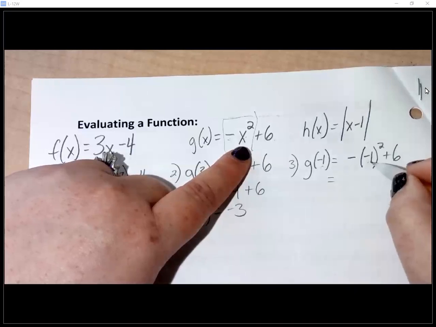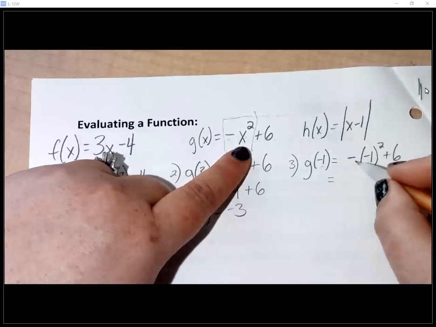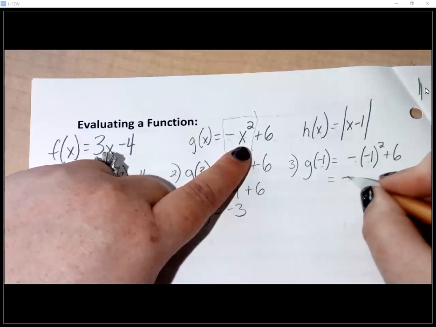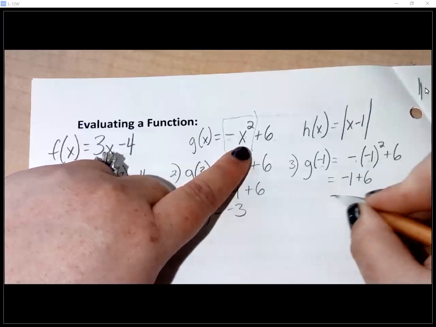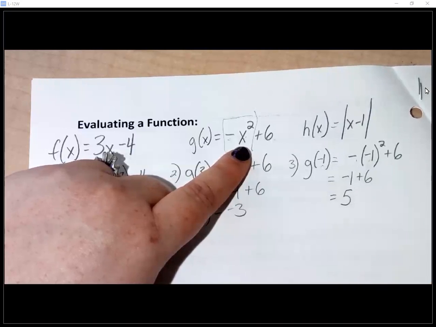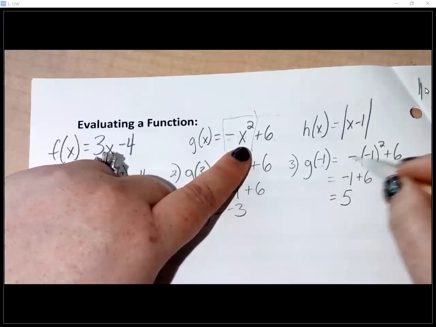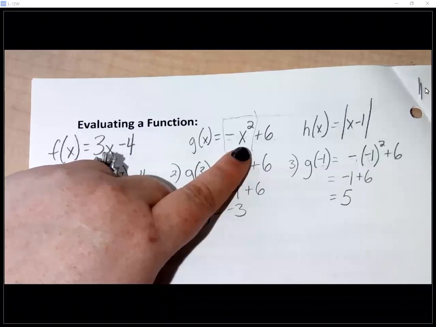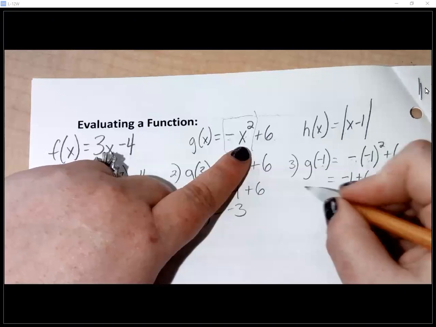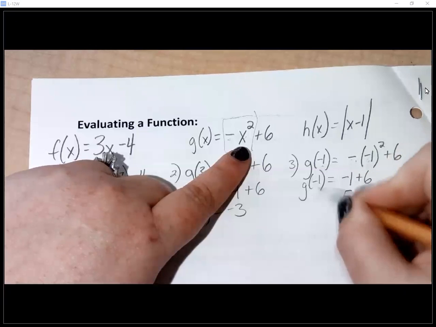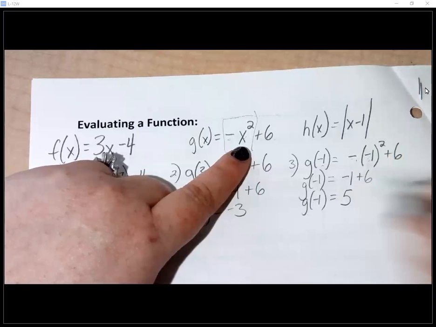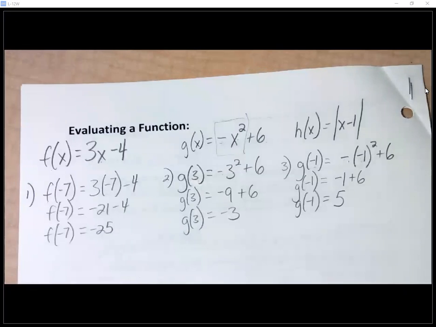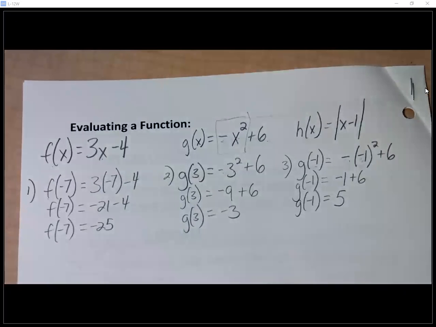But this now tells me to take its opposite. So that is negative 1 plus 6. That's how we ended up at 5. Sometimes you see minus a negative, so you think it's plus positive. You're not wrong, but you are wrong when there's an exponent involved, because the exponent has to come first. So the function g evaluated at negative 1, we should get a positive 5.